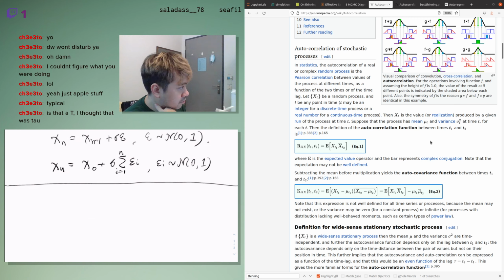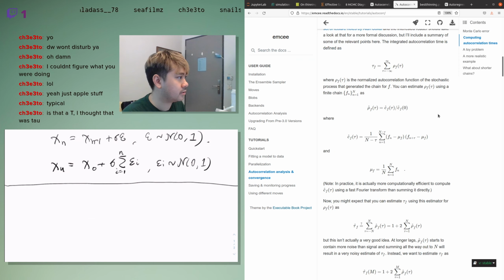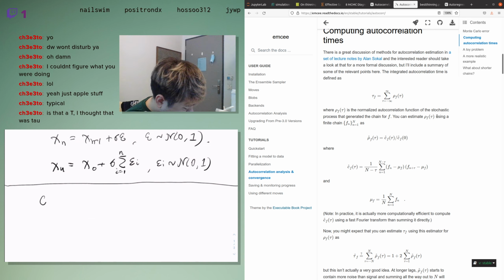How do you say autocorrelation? C, I don't know, of f at lag tau.